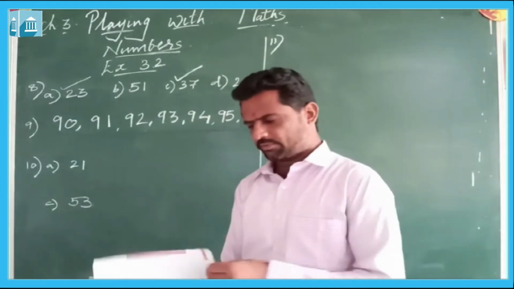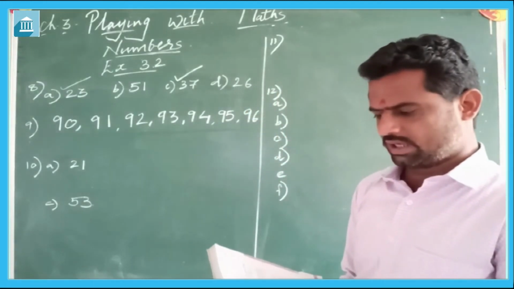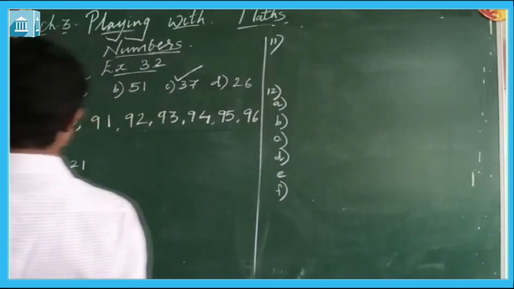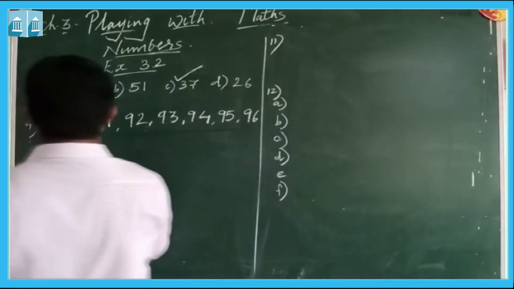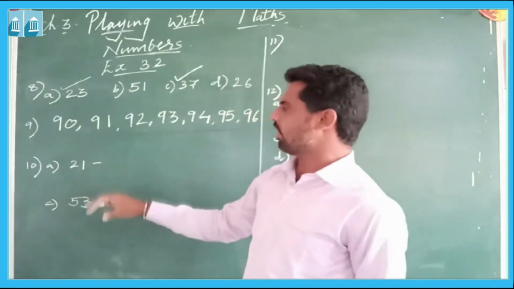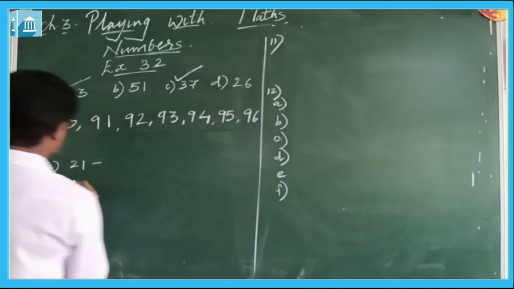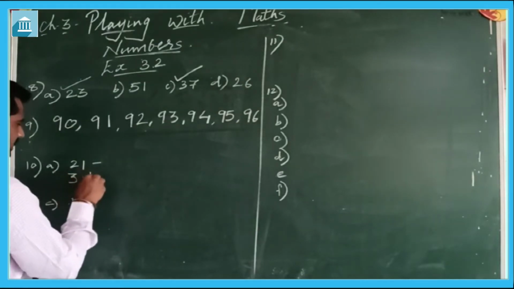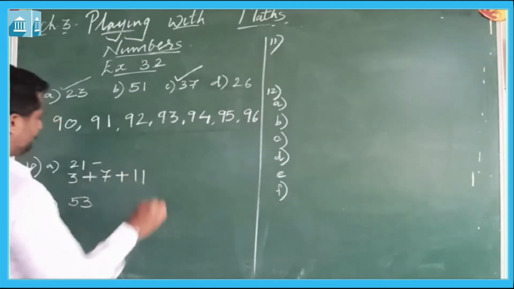Question number 10. Express each of the following as the sum of 3 odd primes. Now here we have to express 21 in such a way that it should be the sum of 3 odd prime numbers. Now 21 will be written as 3 plus 7 plus 11.